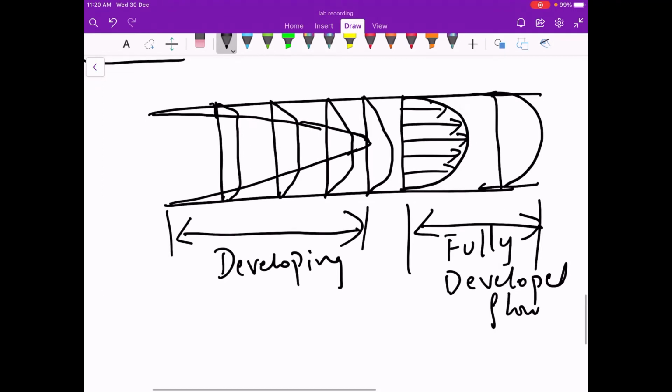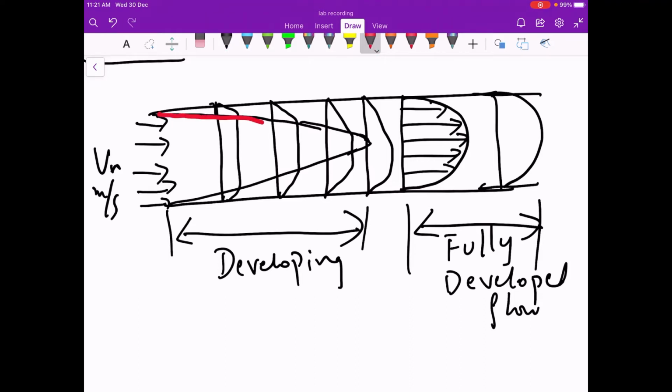Okay, now this is the flow happening. When the flow goes like this, again as I told you, it is U infinity meter per second. Because of the resistance offered by the wall to the fluid, a boundary layer is created. Whatever I have written in red here is actually the boundary layer. This is the kind of resistance.